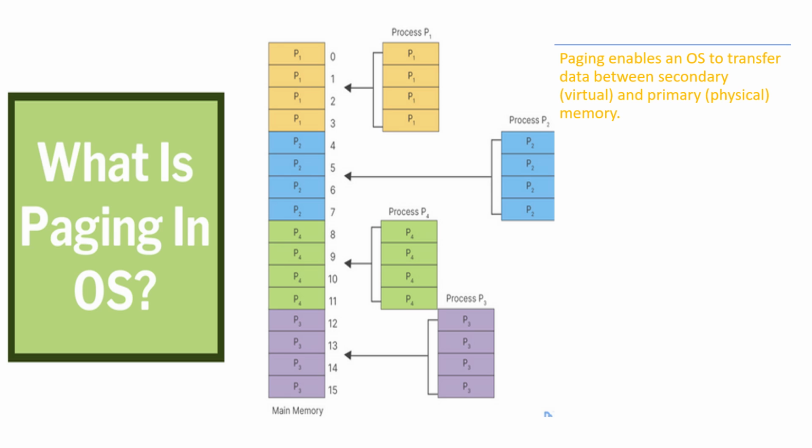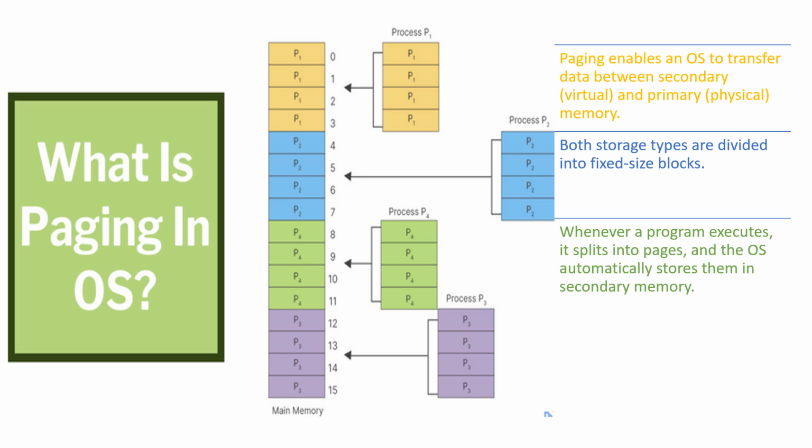That is, paging enables the data transfer between the secondary and the primary memory. Both storage types, the main memory and the virtual memory, are divided into fixed size blocks.